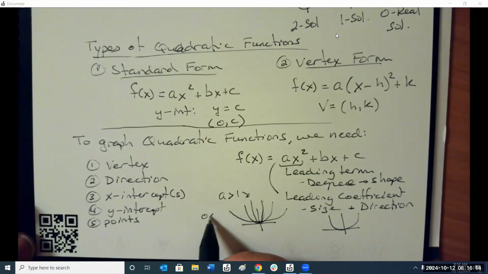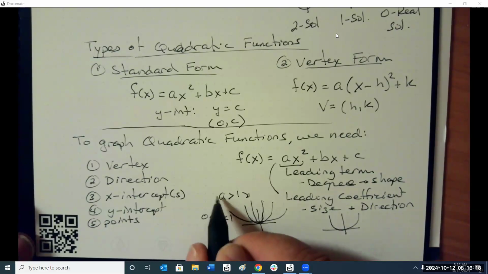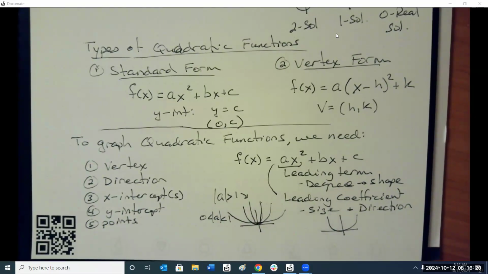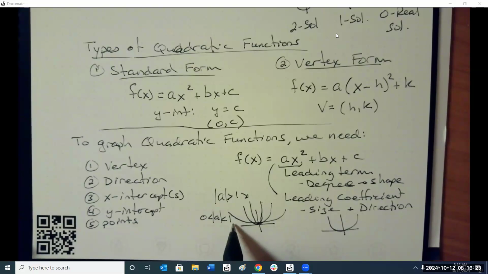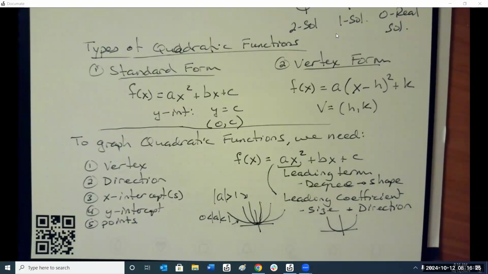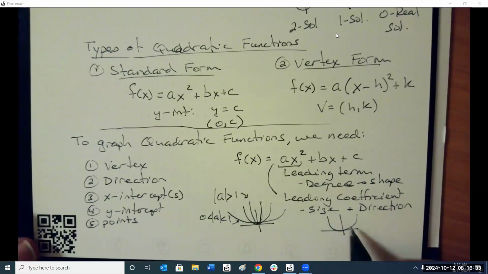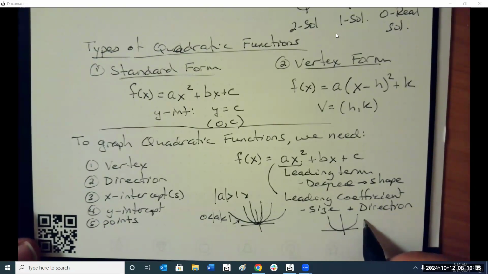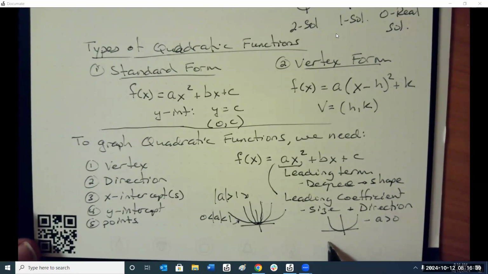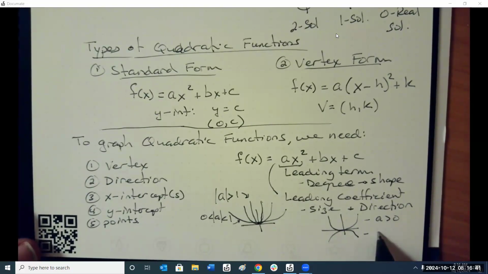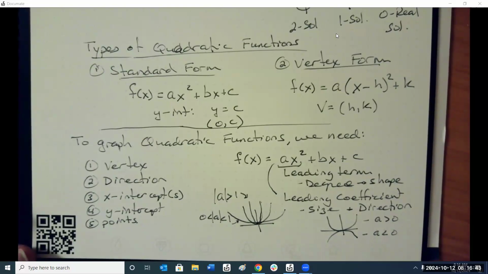If a is between 0 and 1, I should say absolute value, then it's going to be wide. So that tells us the shape and the size. The direction: this is if a is positive. This is if a is negative, it goes down.